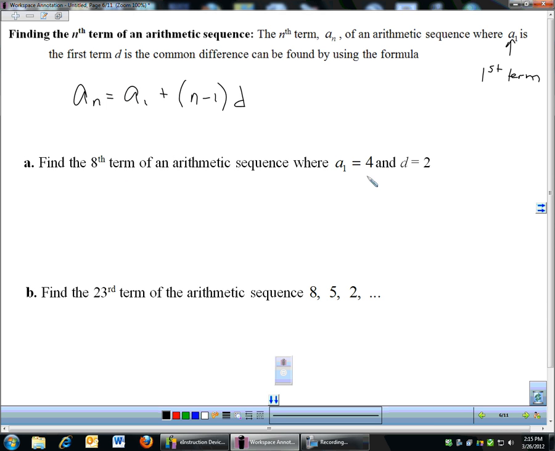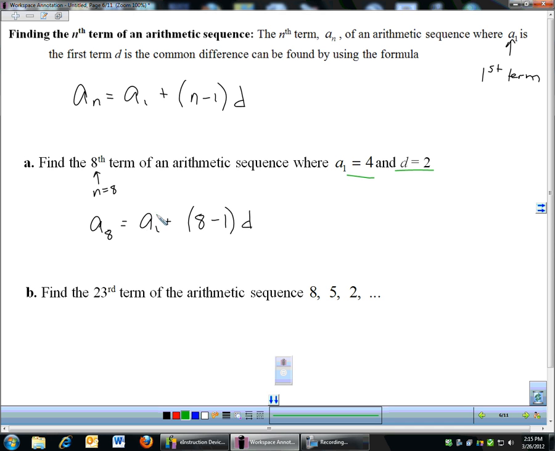So if I want the 8th term, and I'm going to use this formula, the 8th term means n is 8. So a sub 8 is my first term plus n minus 1, which is 8 minus 1 times the common difference. And then we simply plug in the first term and the common difference.